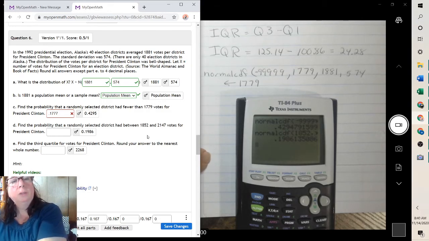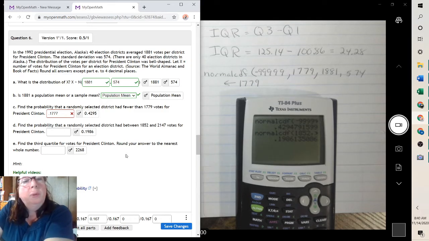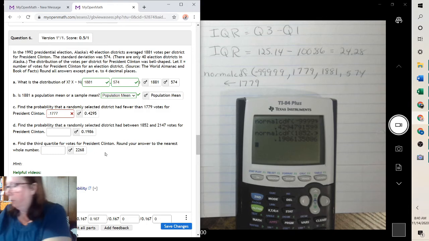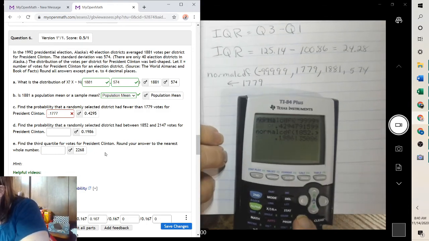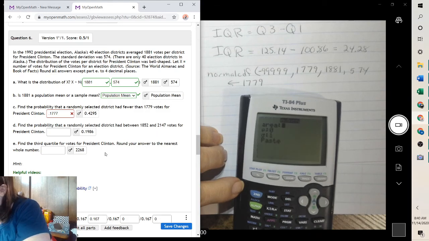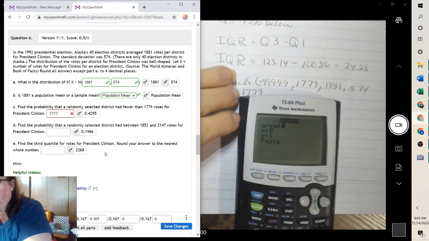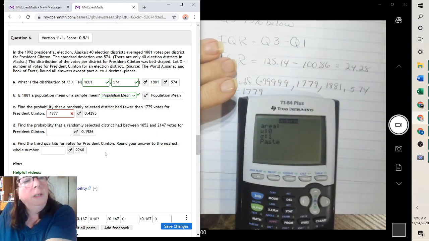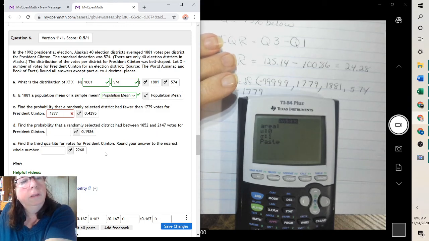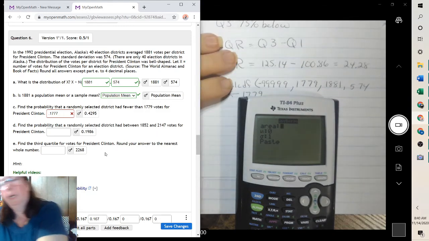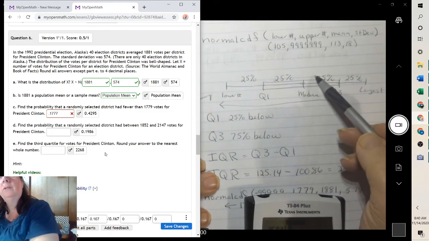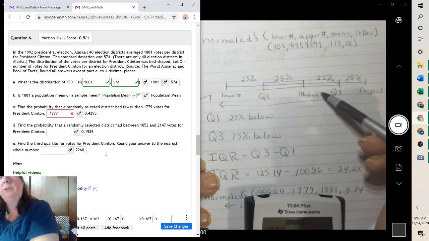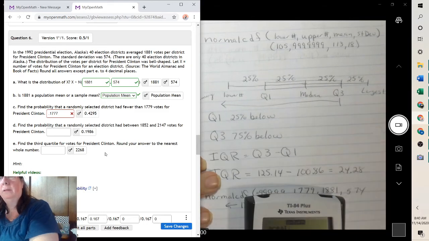The last one is giving us a percent. We're finding the number. Find the third quartile. That's a number. So this gives you percent. Inverse norm gives you the number, and you put the percent. If you want the third quartile, here, that means 1, 2, 3/4 is below it, 75%.